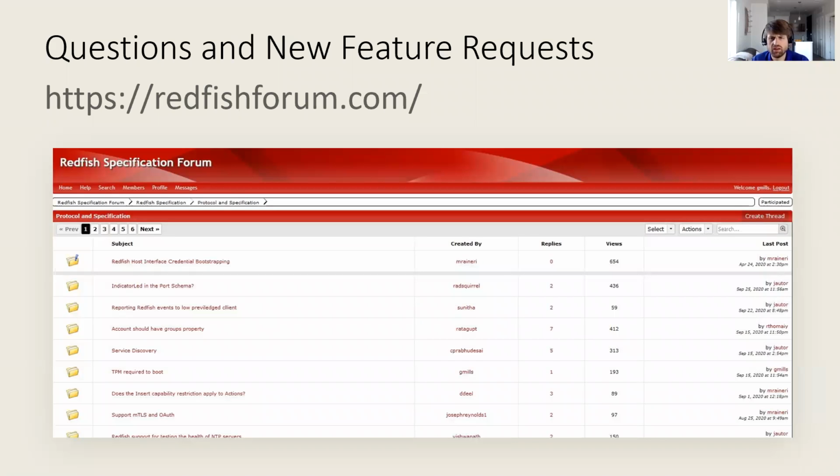Okay, for questions and feedback, a really great place to start is this Redfish forum. Anyone can post. You don't have to be a Redfish member. If you're a Redfish member, a GitHub issue in the private repo is also a place to request a new feature, but even then, most feature requests start here.